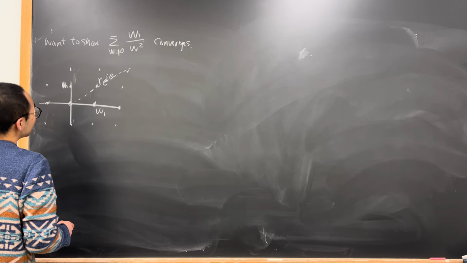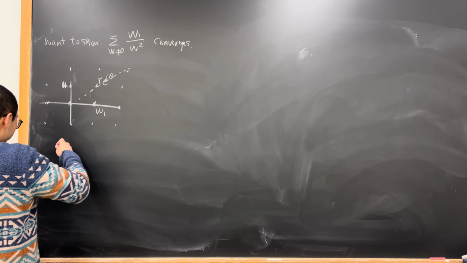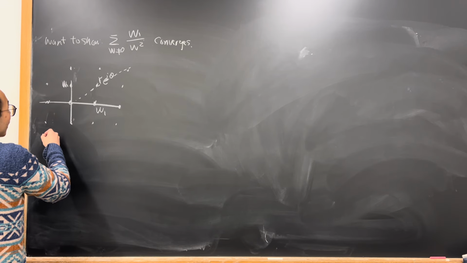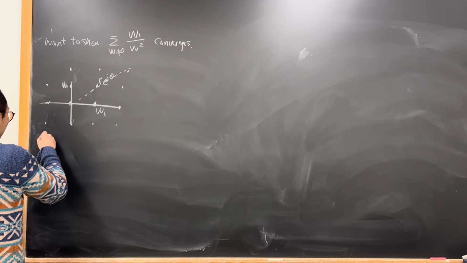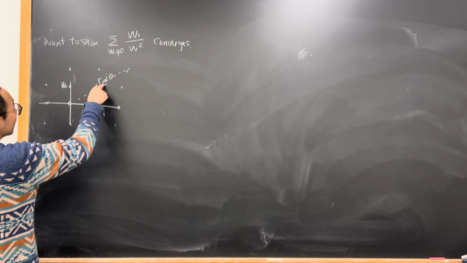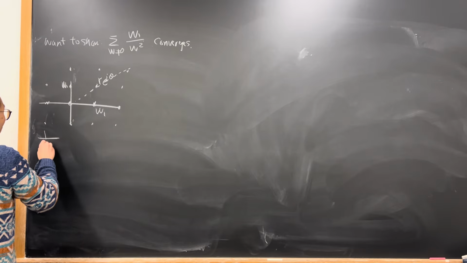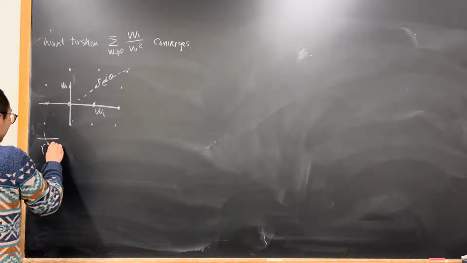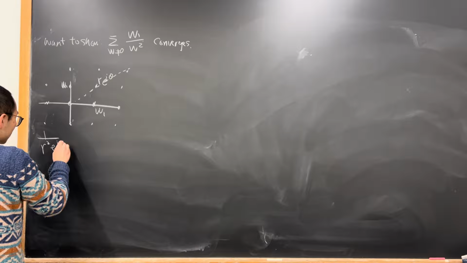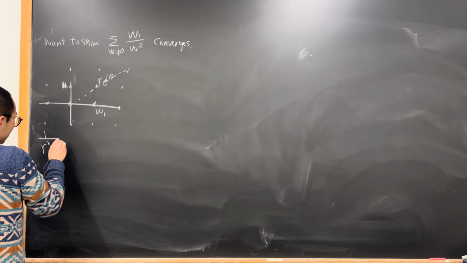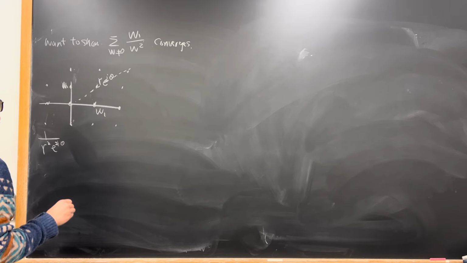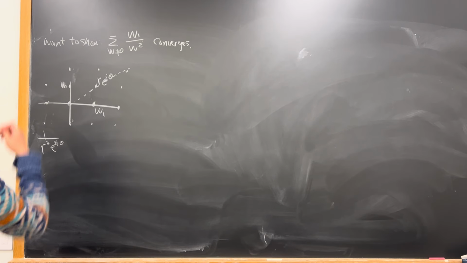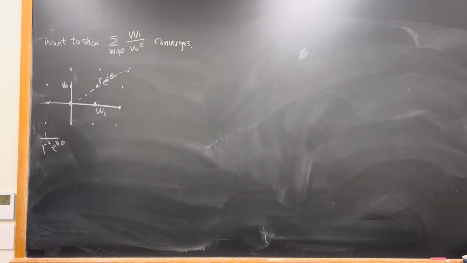So therefore, when we take 1 over r squared e to the i theta squared, we just forget about omega 1 and think about this one.